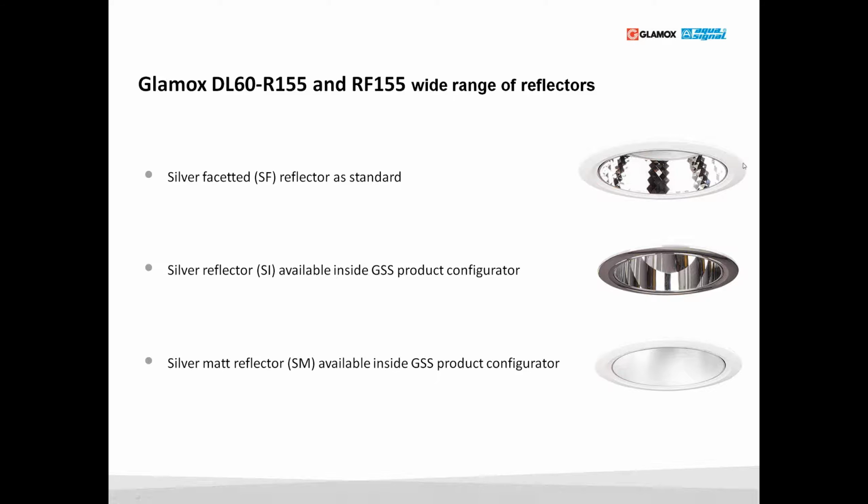So we are mostly selling this one. Sometimes when the customers are discussing that it is too glary, they go down to this silver matte reflector. But we have also decors that you can add to take the glare even more down. So we will come back to the decors also.